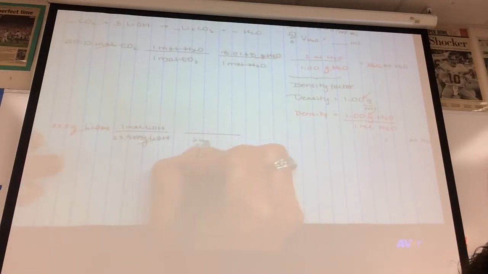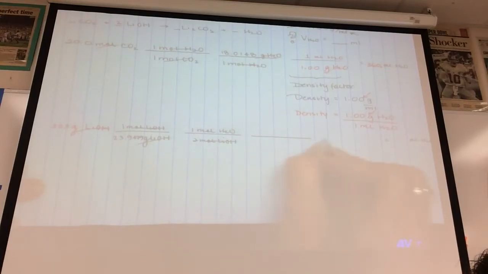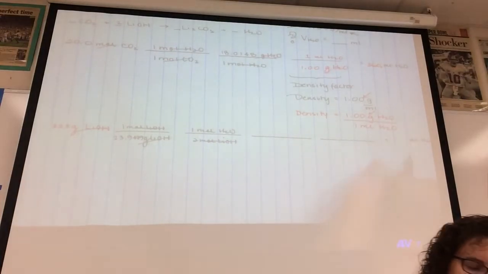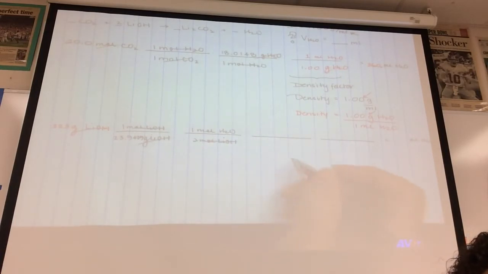Mole ratio, we've got 2 moles of lithium hydroxide to 1 mole of water. Once you're at moles of water, you need to get to the mass of water just as we did previously.